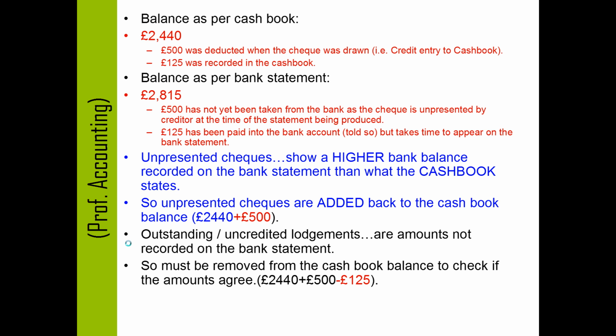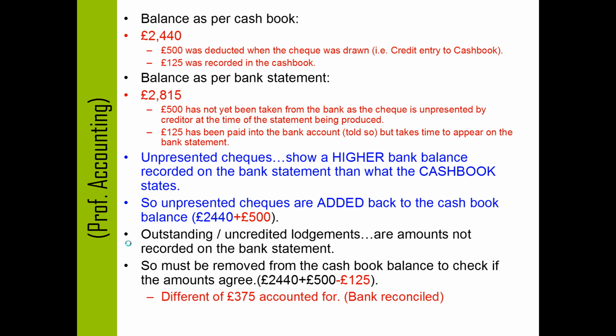Now in the brackets I've done a kind of running total of what we're doing at each point. We start with the 2440, which is the balance as per the cash book. We're adding the unpresented cheques and taking away the outstanding uncredited lodgements. If we net off the three numbers there, we get a difference of 375, which we can work out originally, as I mentioned before.